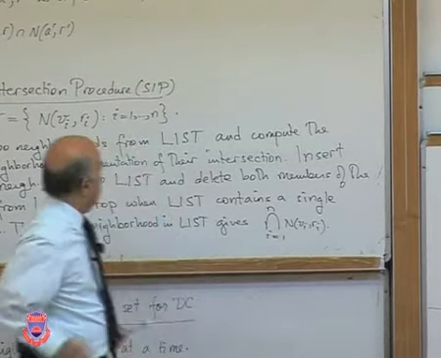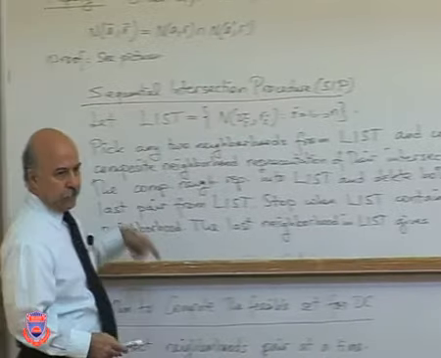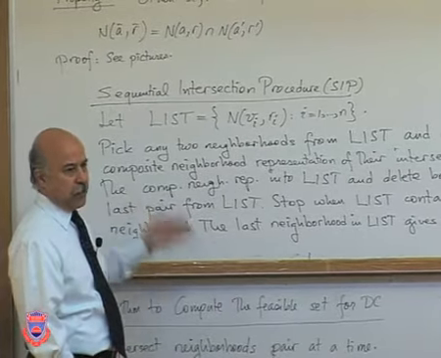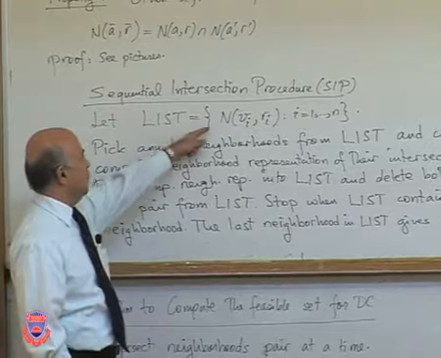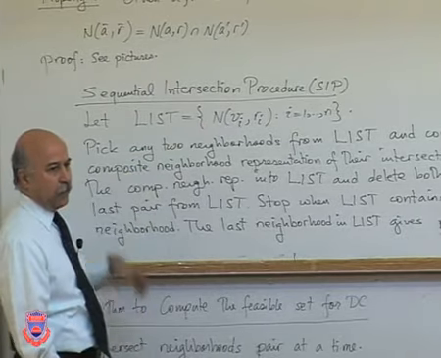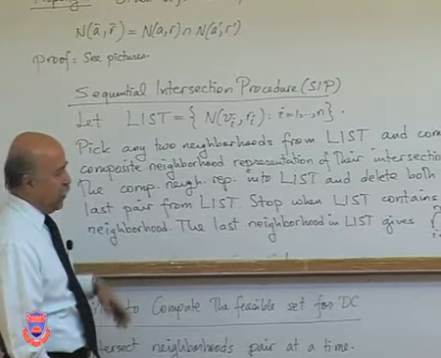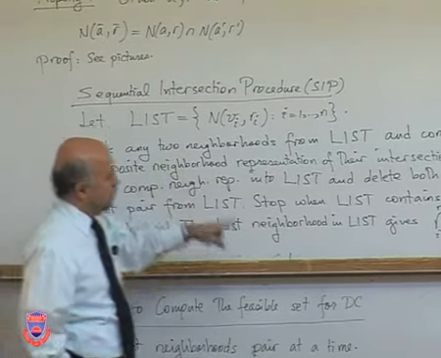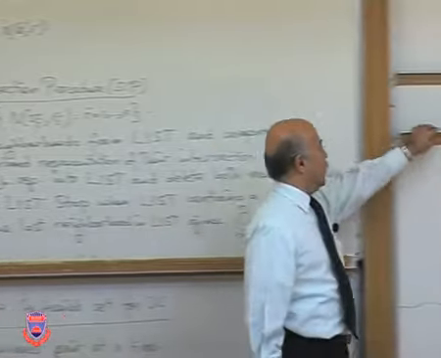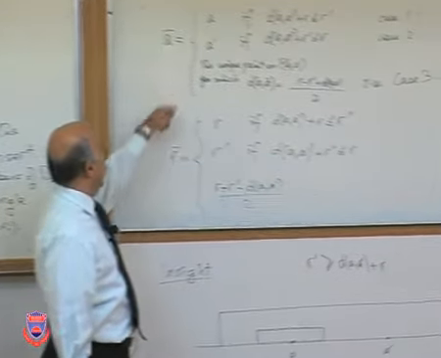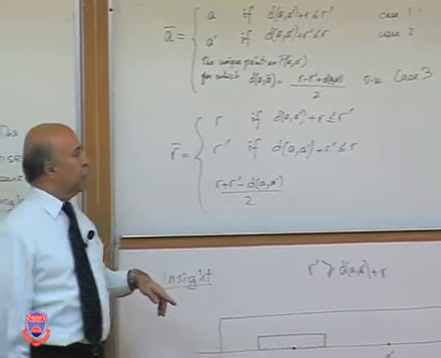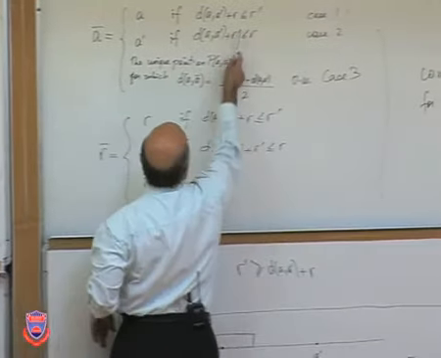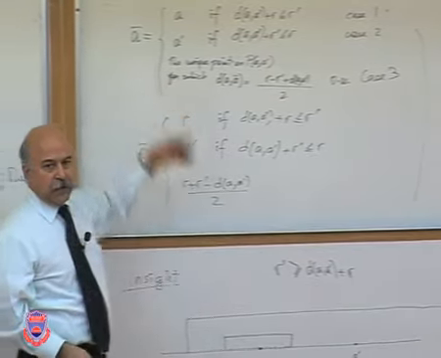You execute the main step n times, because each time you reduce the number of neighborhoods in the list by 1. So in n-1 steps, you end up with a single neighborhood. And each step requires the computation of A bar and R bar, which can be done in linear time. Well, actually in constant time, because everything is given.